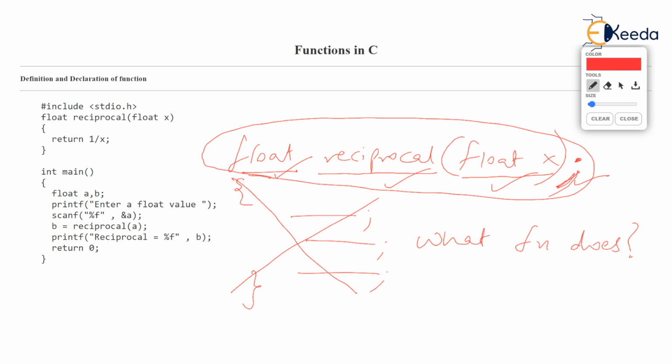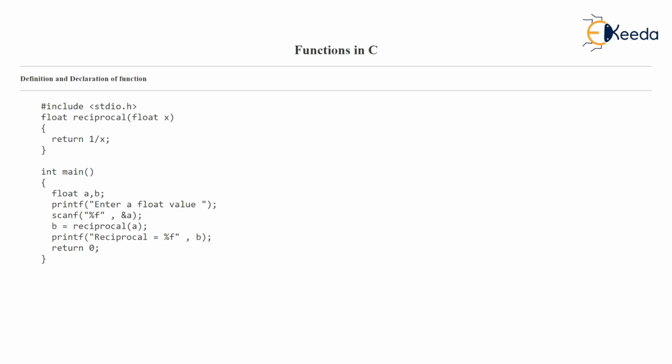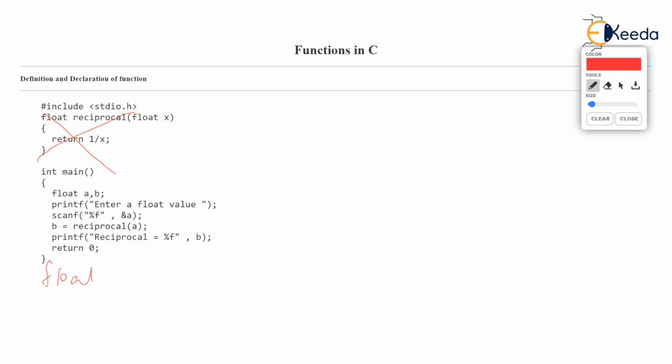Coming back to our earlier discussion, suppose I don't write this function above main, but I write it below main here, float reciprocal, and the function. To save some time, just imagine this entire function has been written here. I am not producing it again over here. You know that this is going to give an error at this point.